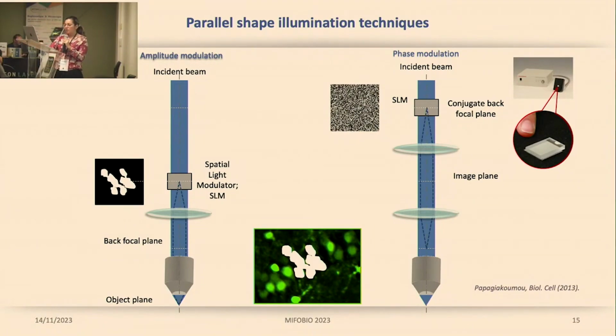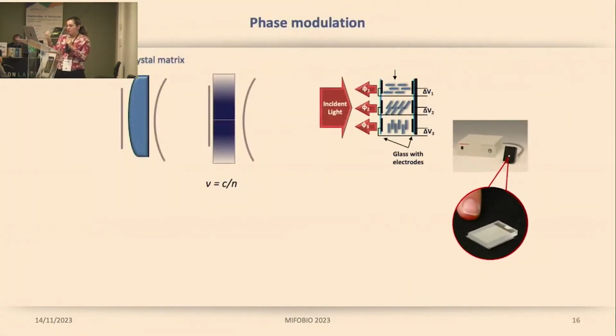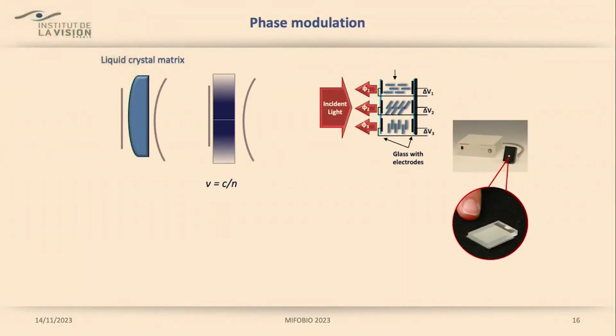But in any case, now there are SLMs that can go reasonably fast for performing this kind of activation. The advantage here, as I said, is that we don't depend on any scanning time, but we have just the dwell time that we need, which depends on biology clearly, and it's the time that we need to induce a physiological response.